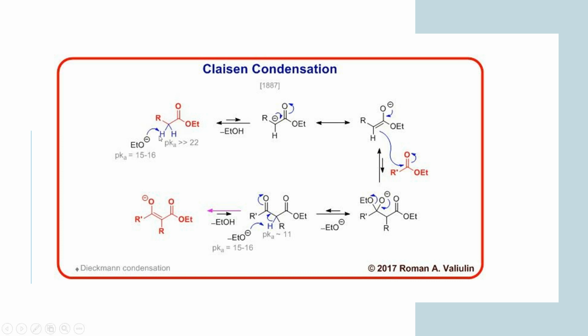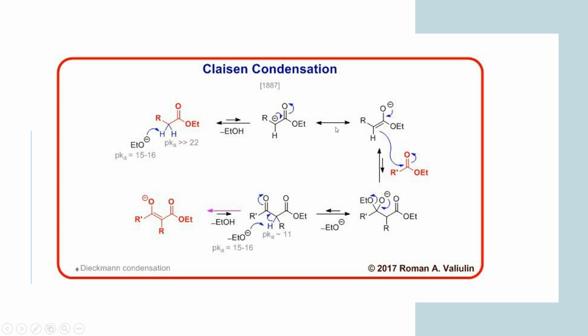After the extraction, you first get a carbanion, which is in conjugation with the carbonyl group. By pushing the electron pair of the carbanion towards the oxygen, which is more electronegative, you get the intermediate enolate.